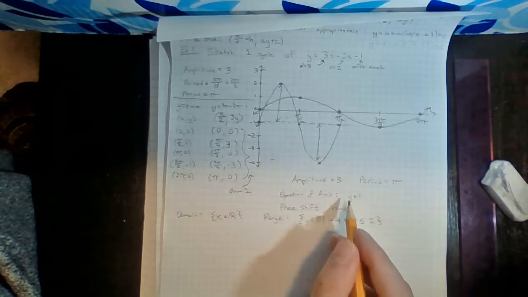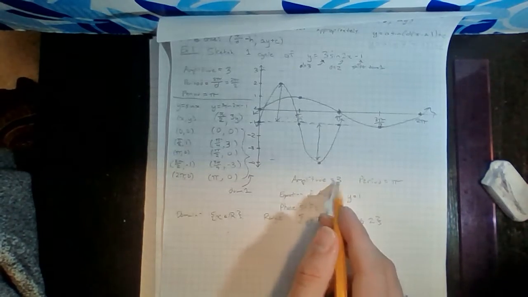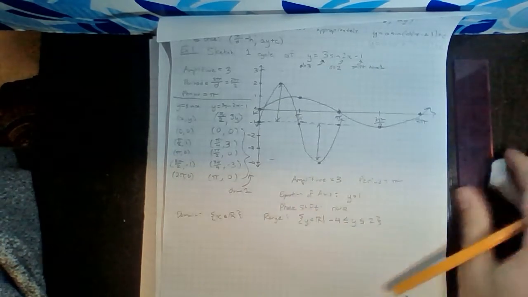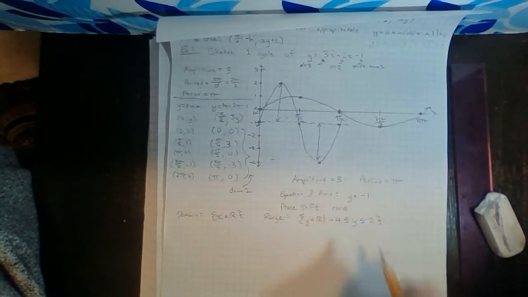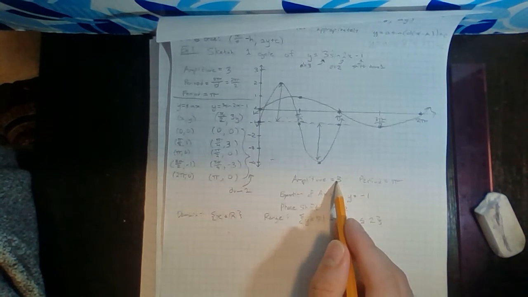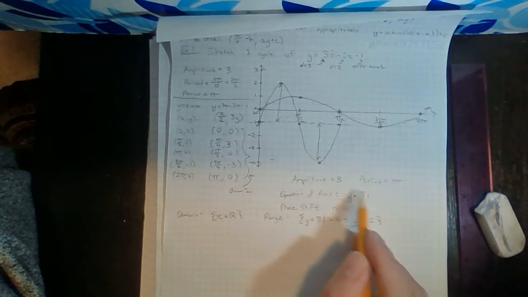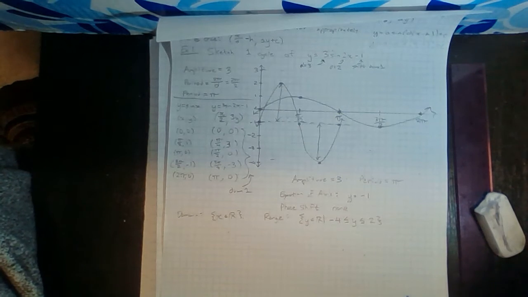So our minimum is always the equation of the axis minus the amplitude. Sorry, this should be y equals -1. So -1 minus 3 gives us that -4. -1 plus 3, plus our amplitude. So the equation of the axis plus the amplitude, that'll always give us our maximum.